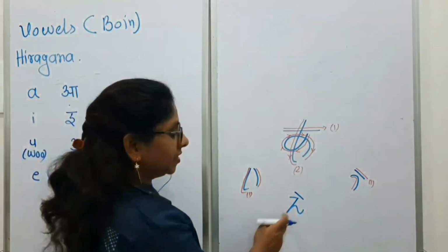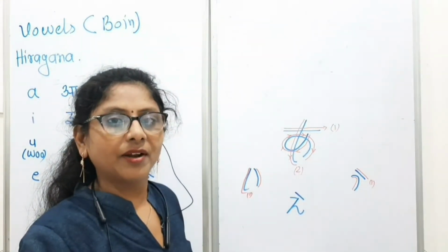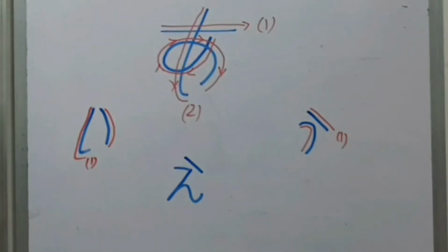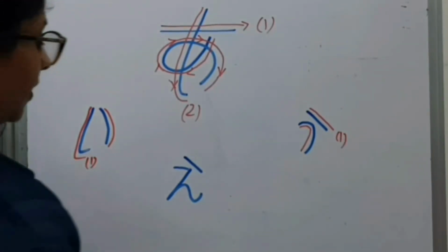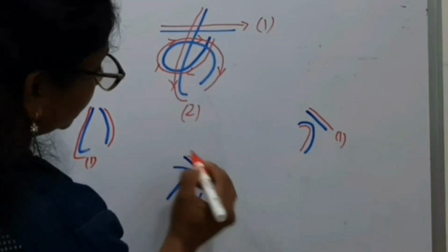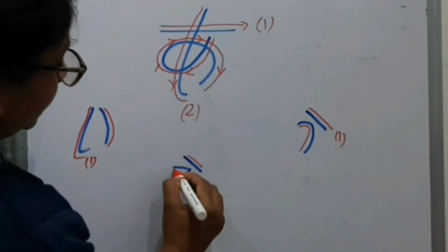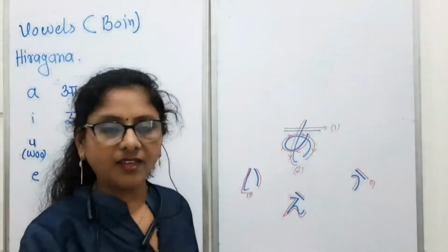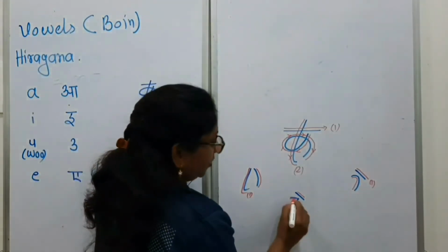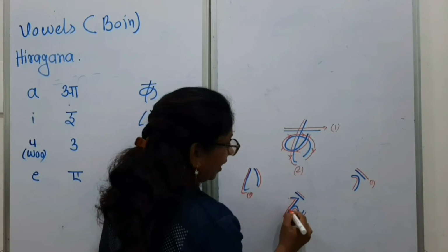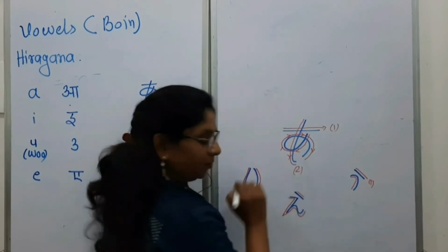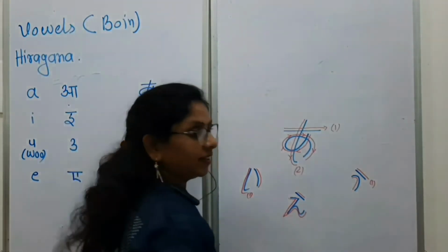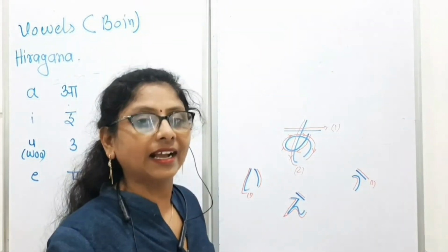The pronunciation is E. You have to pick up your hand here only, with no break in between. So this is your E in the Hiragana script.